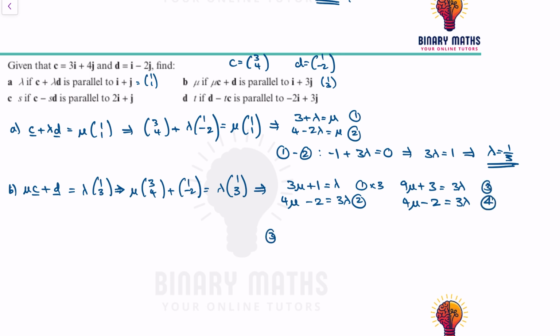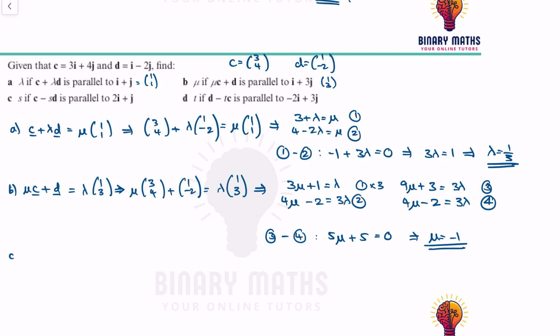So 3 take away 4. 9 mu take away 4 mu gives me 5 mu. And 3 take away minus 2 gives me 5. 3 lambda take away 3 lambda gives me 0, which implies mu must be equal to minus 1.